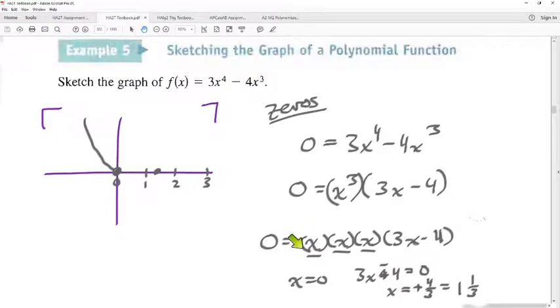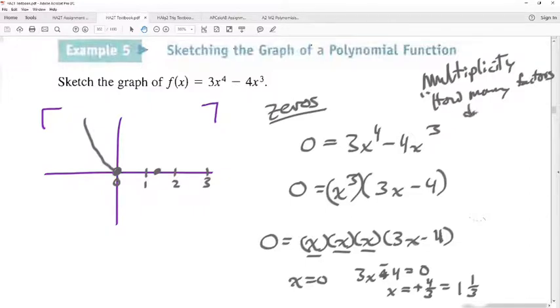The multiplicity is a brand new word. Multiplicity just means how many factors does it come from. Here, let's write that down. Multiplicity: how many factors does it come from?